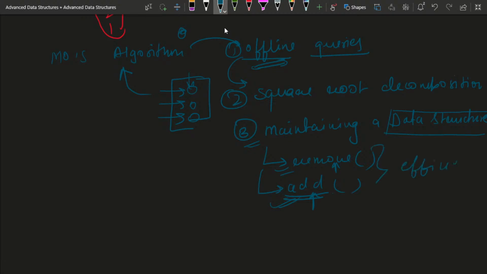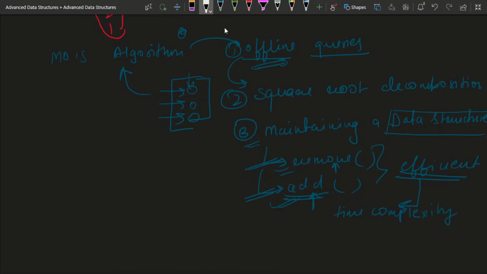Okay, so we have to choose our data structure in such a way that we can implement these two operations. If we are able to implement these two operations efficiently, we can definitely apply the Mo's algorithm. Now what do we mean by efficient? How can we guess the efficiency? The measure of efficiency is the time complexity.